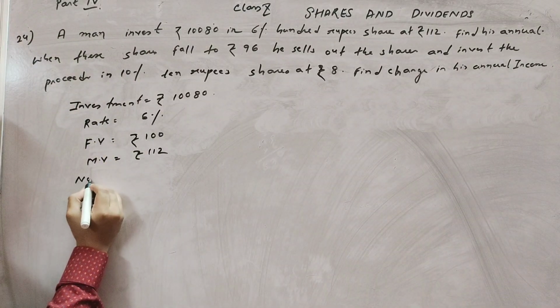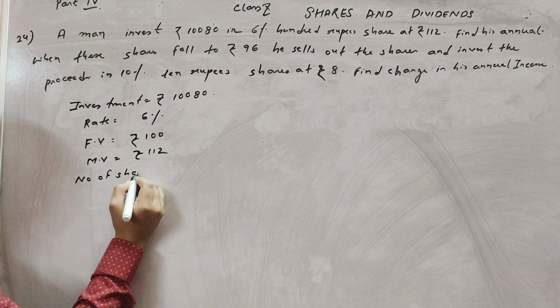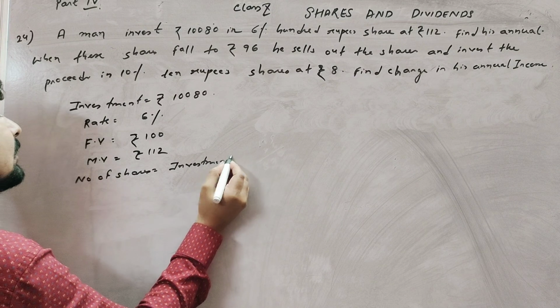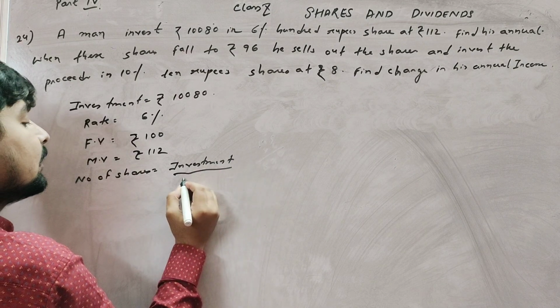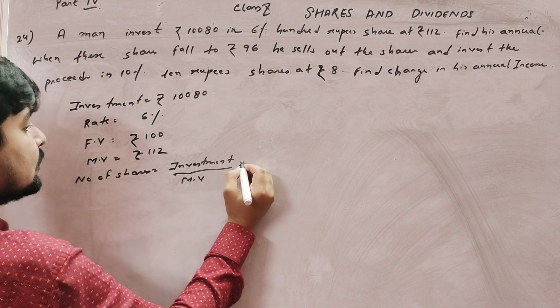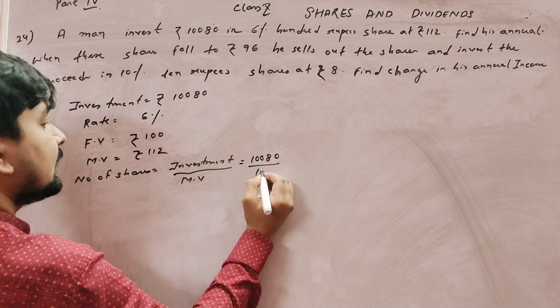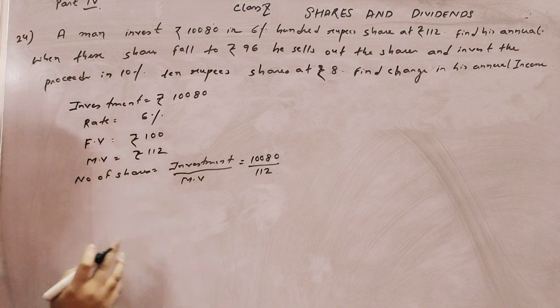So number of shares equals investment by market value of one share. So our investment is 10,080 and market value is 112.